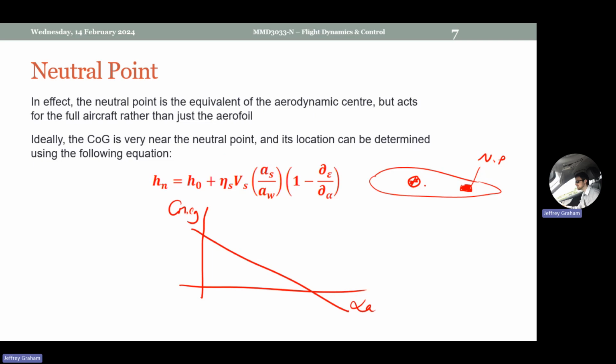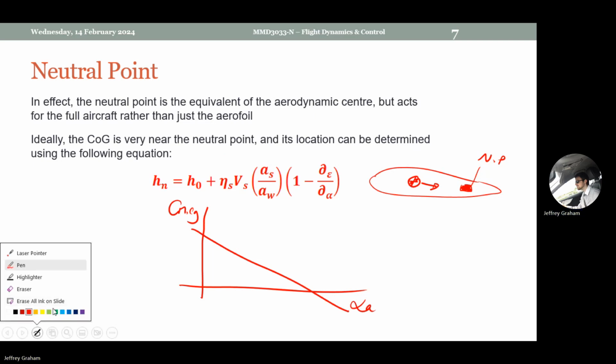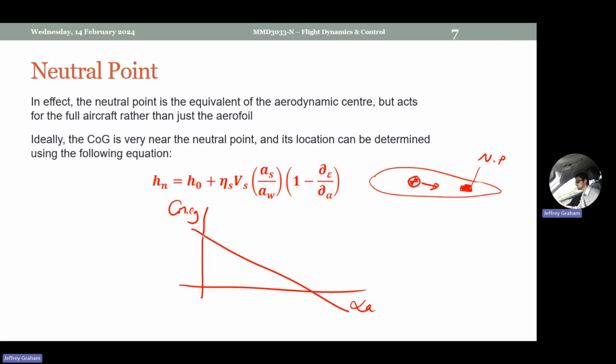As this center of gravity starts to move backwards, the gradient that we see here becomes less negative. So it maintains the origin on the y-axis, but it might move backwards.